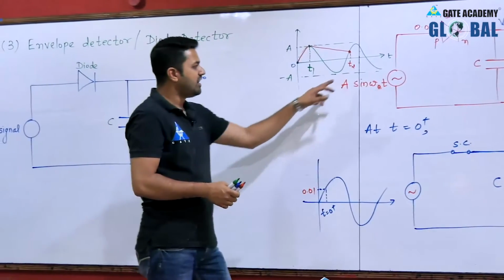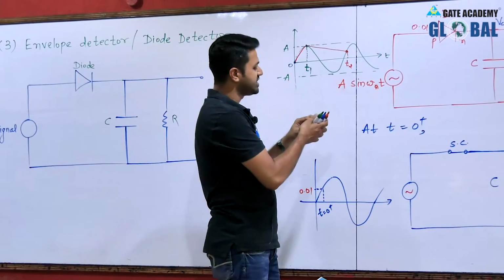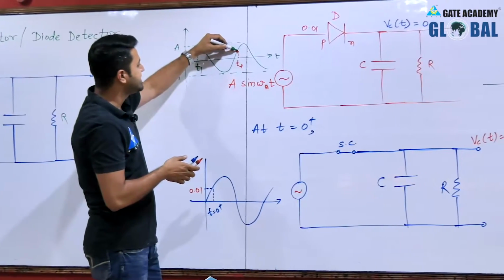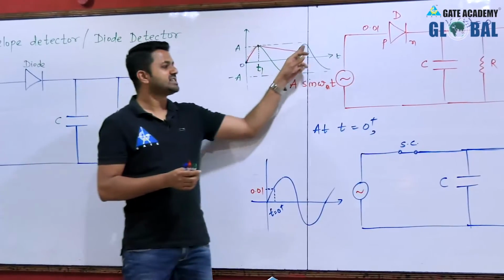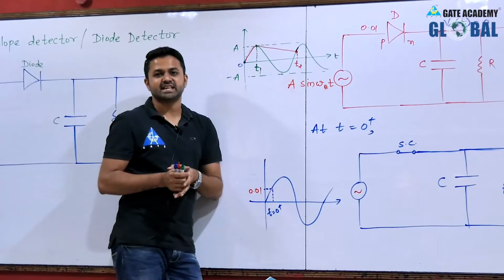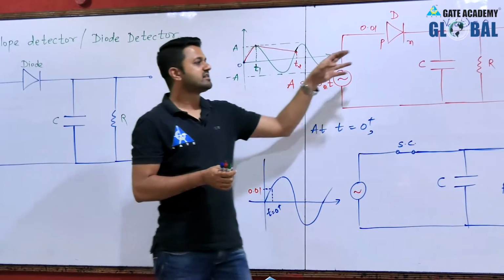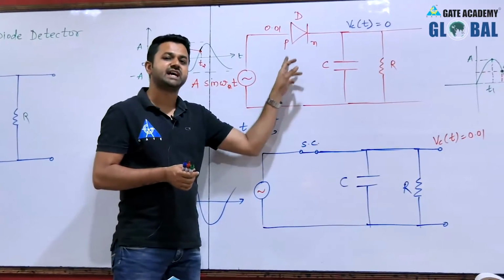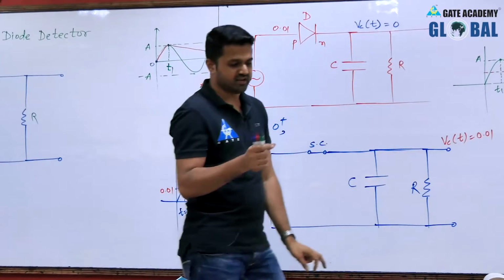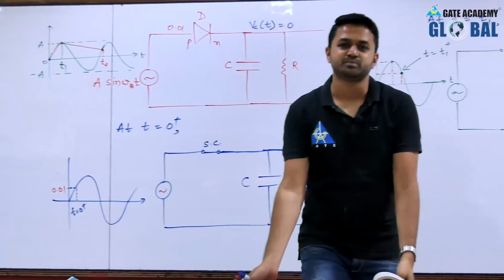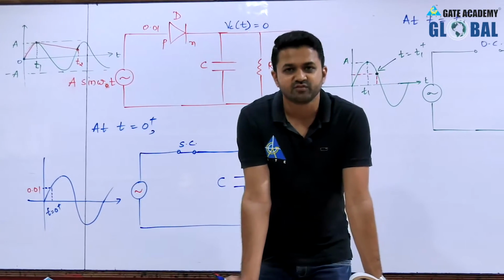Now, after time t equal to T2 plus, we can see that the input is increasing from T2. Input is increasing, it means that the voltage at the P side is now greater than the voltage at the N side, and whenever the voltage across the P side is greater than the voltage across the N side, we say the diode is forward biased.